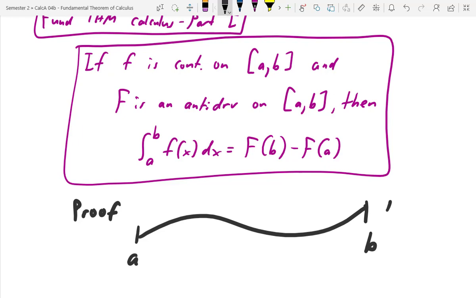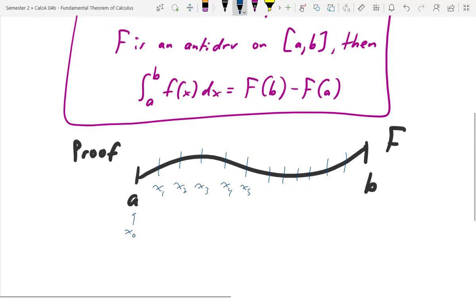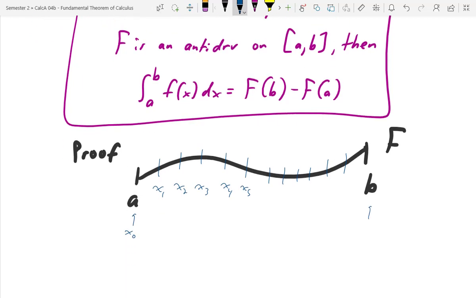And if I call this region capital F, what I'm going to do is separate this into many, many, many sub-intervals, where this is x sub 1, x sub 2, x sub 3, x sub 4, x sub 5, and so on. And I'm going to call this a now x sub 0, whereas b is going to be an x sub n for just kind of n intervals.